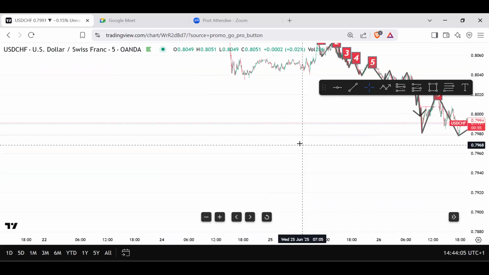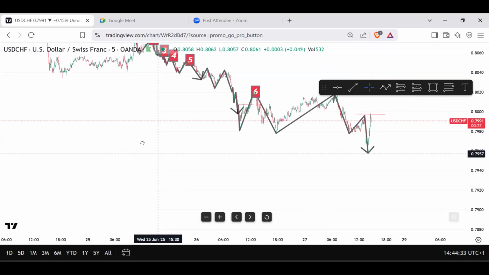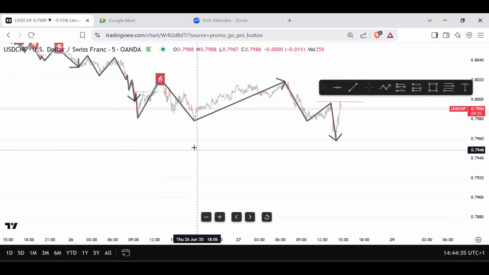So that will be the exercise. You can do the exercise both for uptrend and downtrend, and show the impulse and the correction separately.